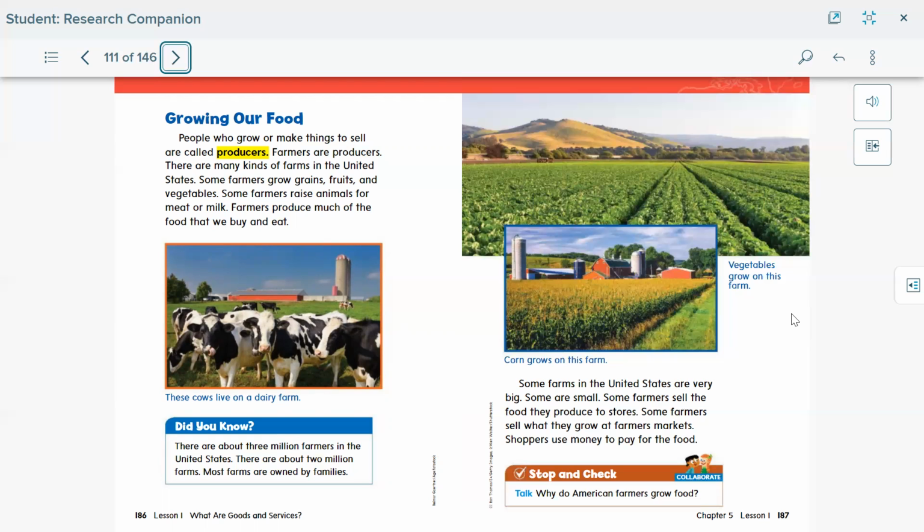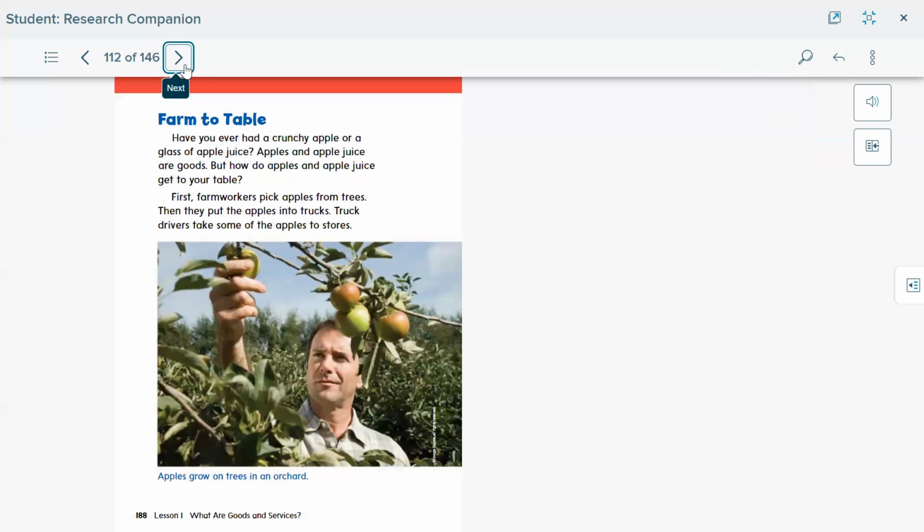And some farmers have big farms that produce lots of vegetables, lots of fruits that need to be sold to big stores. Shoppers use money to pay for the food. When you go to supermarkets, you pay for the vegetables or the fruits that you buy.